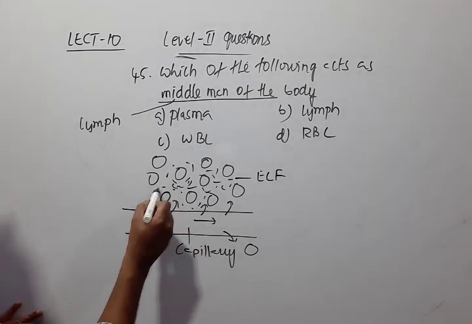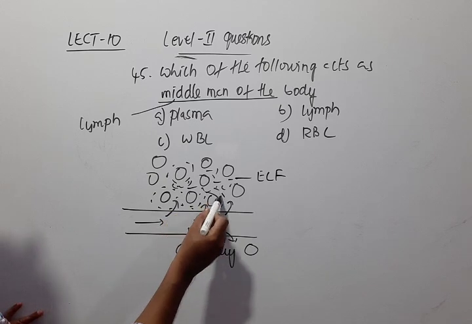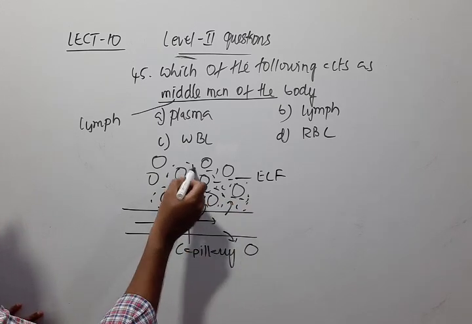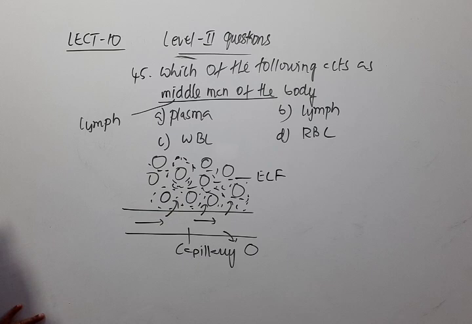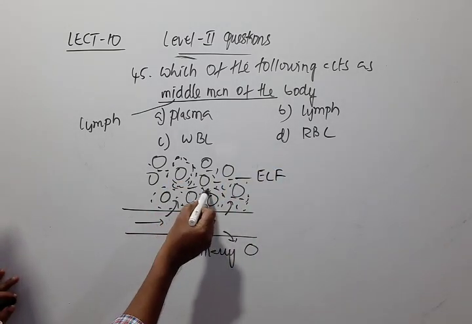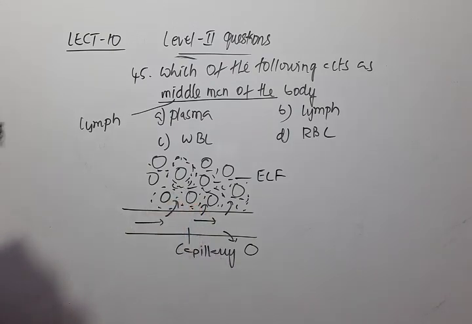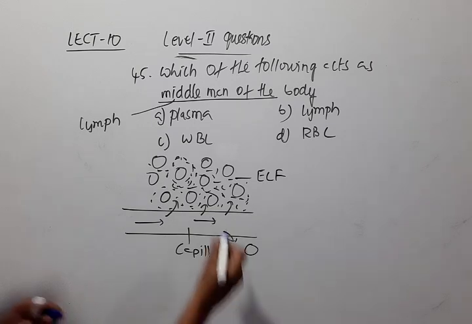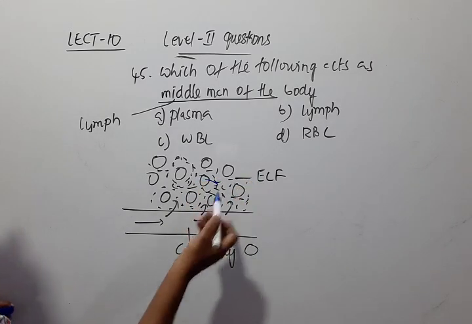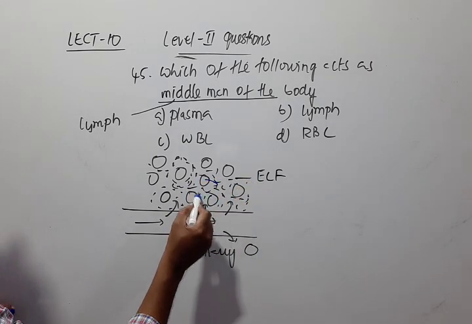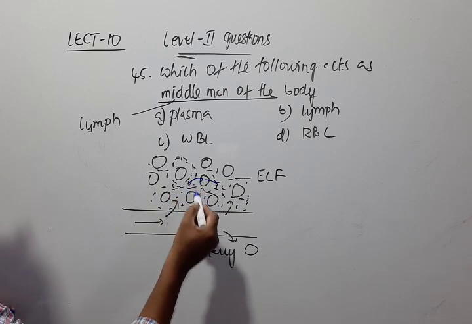Whatever occupies the space between the cells is what we call the ECF, extracellular fluid, and you can take it as the lymph too. The carbon dioxide from the cells moves out into this ECF, and the oxygen that entered the ECF enters the cell.